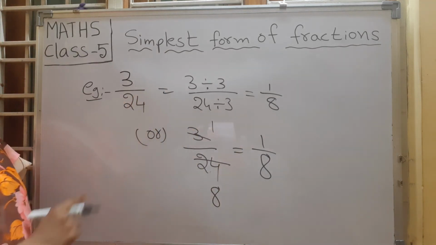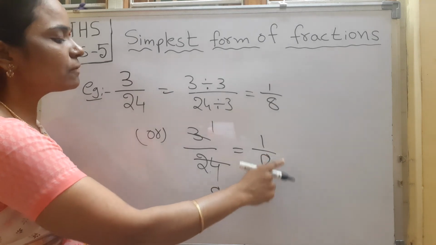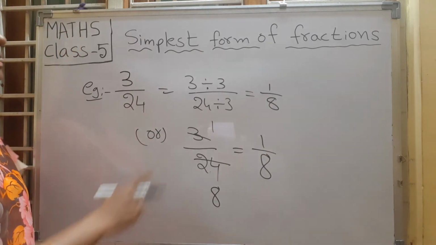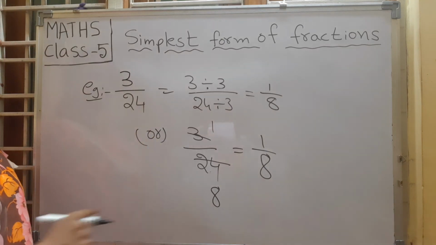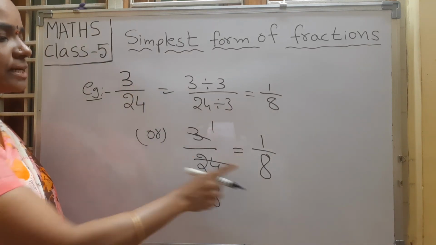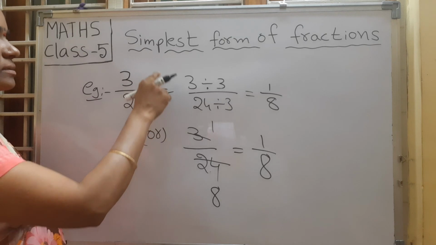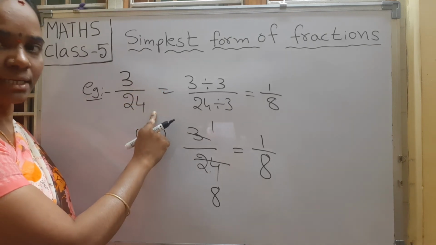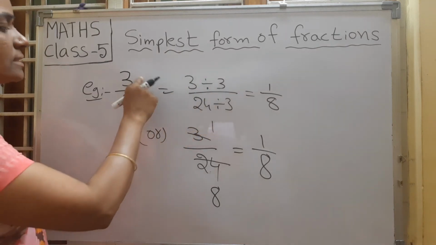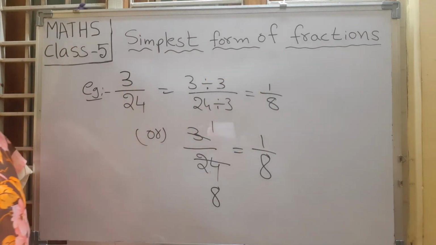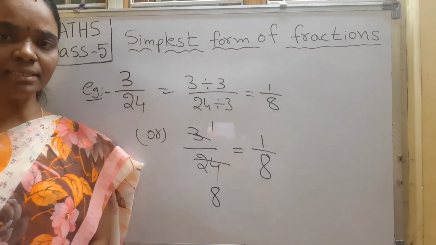Furtherly, we can't simplify this fraction. Okay? Both numbers commonly are divisible by 3. So 3 by 24 is equal to 1 by 8. I hope you understood, children.